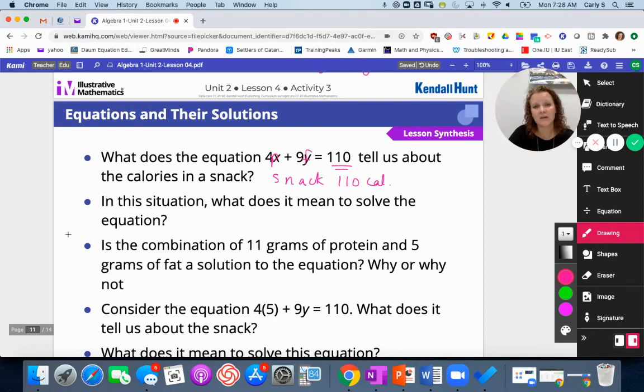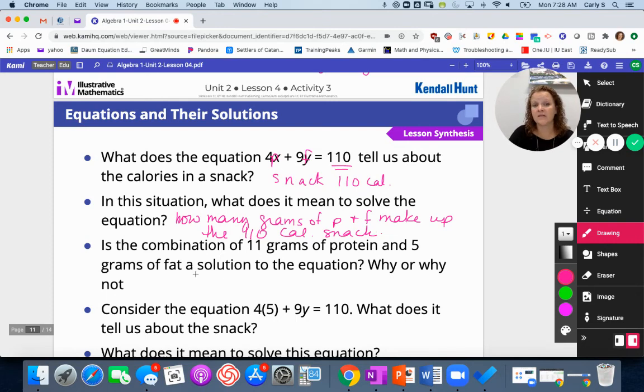And in this situation, it means the same thing. How many grams of protein and fat make up the 110 calorie snack?